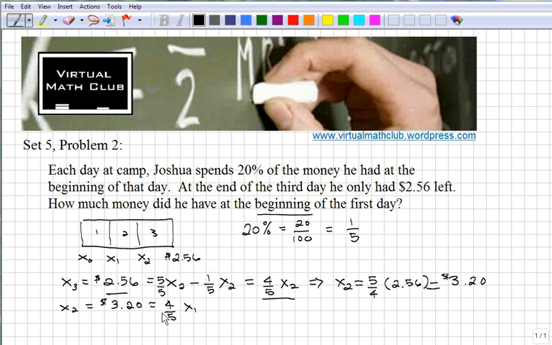So the amount of money he had at the end of the second day is just 4/5 of the amount of money he had at the end of the first day. So again, we can just calculate that. We multiply by 5 and divide by 4. So x1 is equal to 5/4 of 3.20. And that gives you $4.